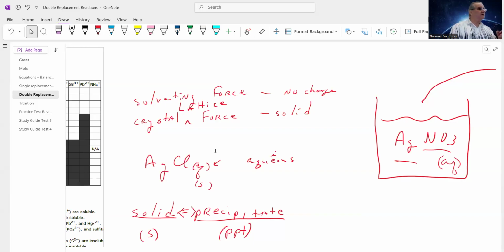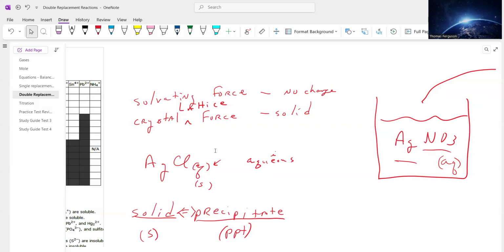One is called a solvating force, and that's the force that pulls the crystal apart. Then there's a crystal lattice force that keeps it together. Now, in the situation of sand, the crystal lattice force is stronger than the solvating force, so it stays together.